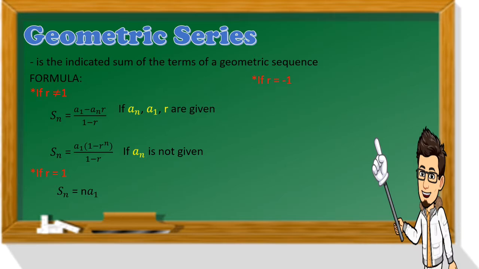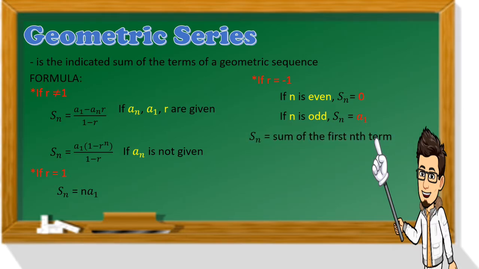If the value of r is equal to negative 1, if n is even, the sum of the geometric series is equal to 0. If n is odd, the sum of the geometric sequence is equal to a sub 1, or the first term.